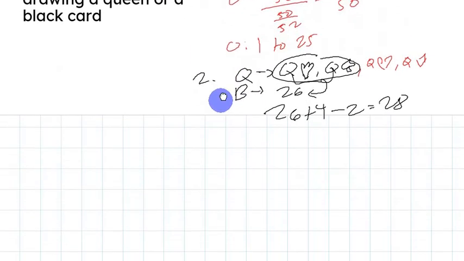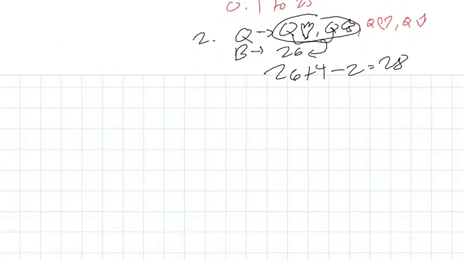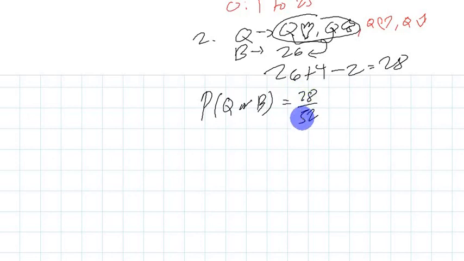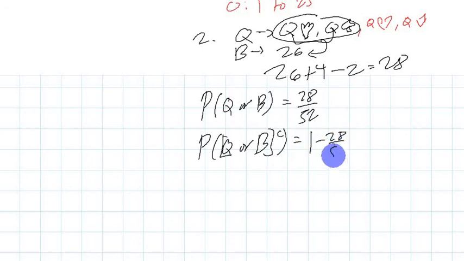So let's bring that up. The probability of having a queen or black card would be 28 over 52, which means the probability of the complement would be 1 minus 28 over 52, which is 24 over 52.